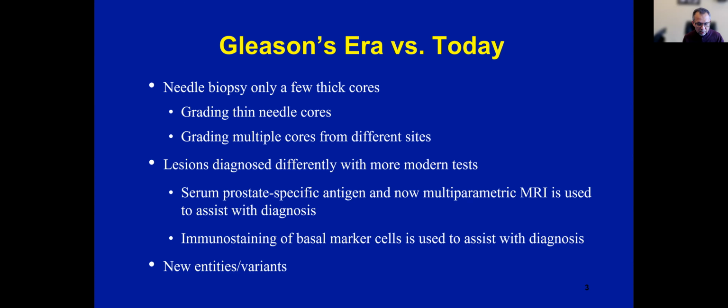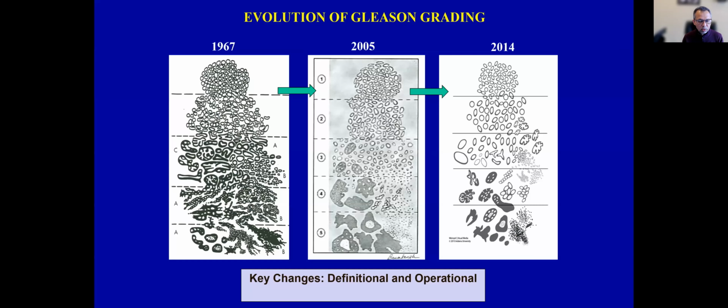And at that time, in the grading system, he did not describe how to address the new entities, variants of prostate cancer. He also did not address tertiary patterns for prostate cancer.